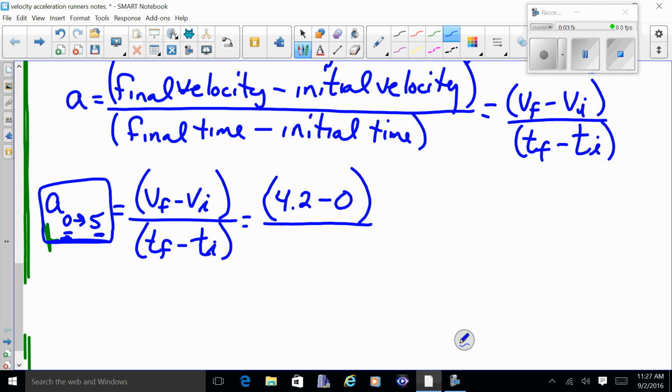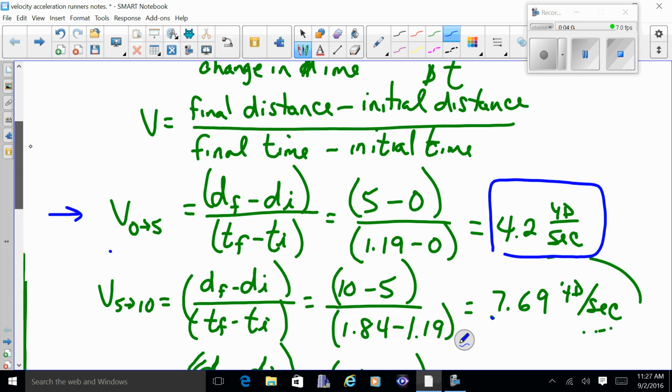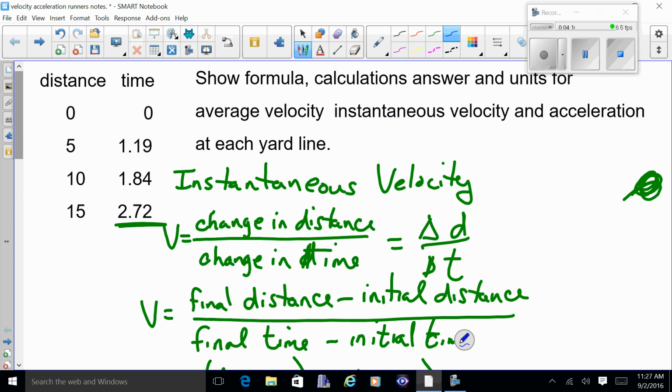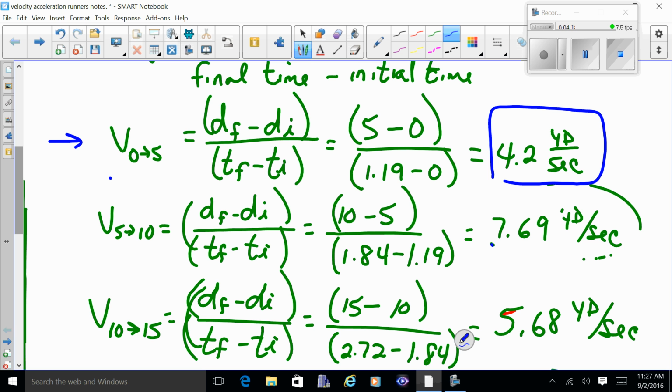Remember me just saying that the final time is going to be the same thing as it was up there with the velocity equations? So let's take a gander up here. In your chart, the final time was 1.19. The initial time was 0. And if you notice in your velocity equations, there it is right there, 1.19 minus 0. So I'm going to take that same thing and put it down here.